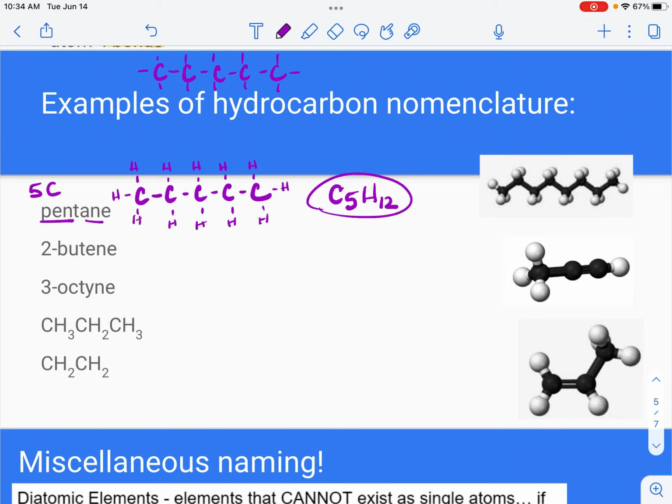All right, go ahead and write these other examples in your notes and sketch the models so that you are ready to talk about it with me, and then we'll do them together. Okay, so 2-butene. Butene, but is 4 carbons, and ene tells you a double bond. All right, so I'm going to draw 4 carbons.